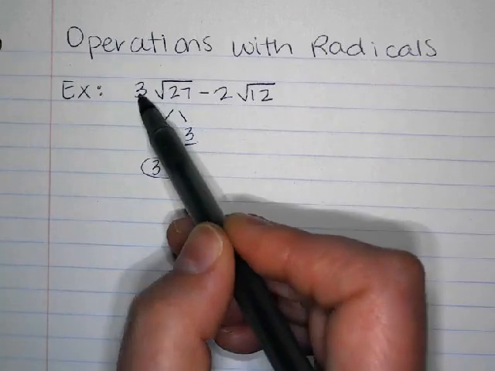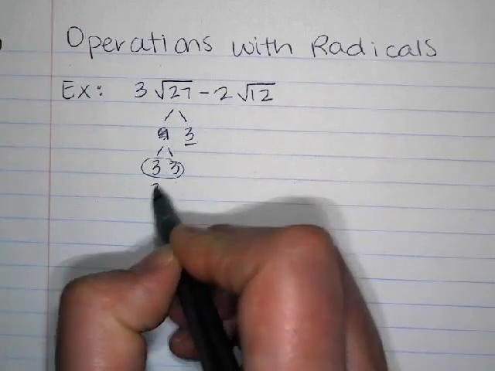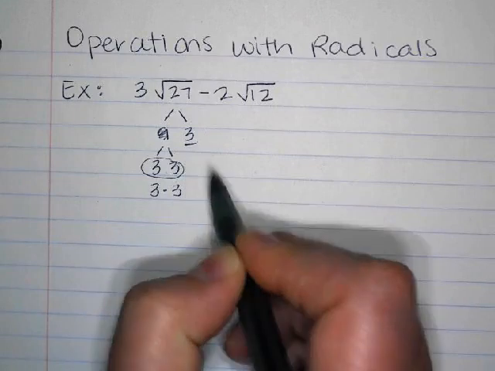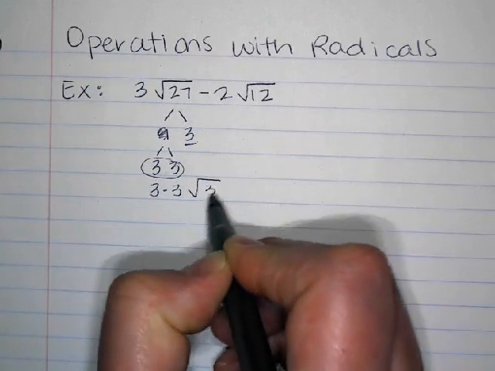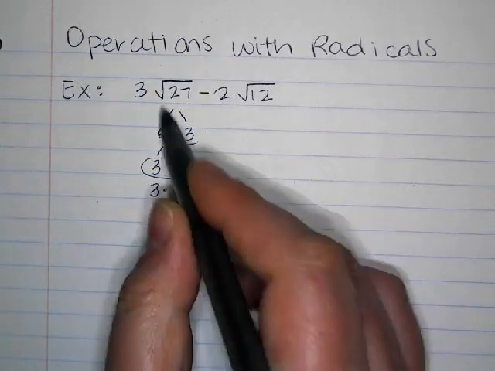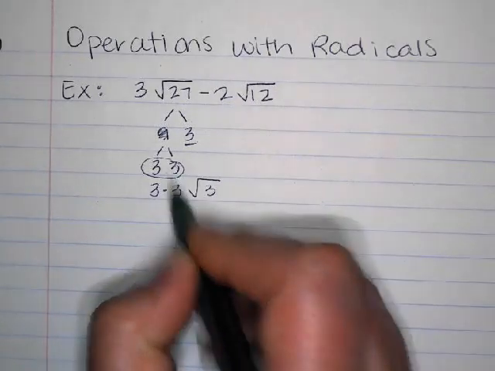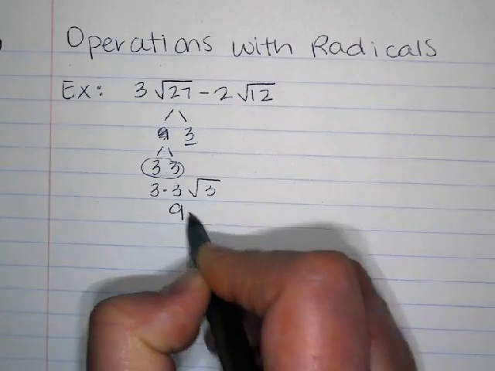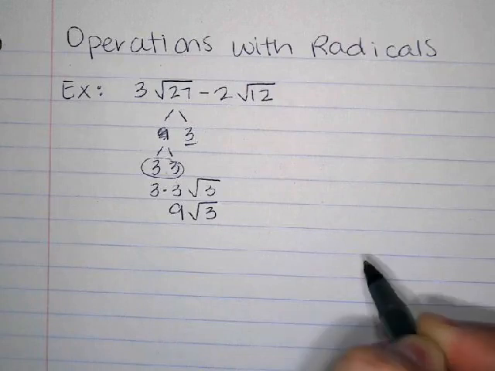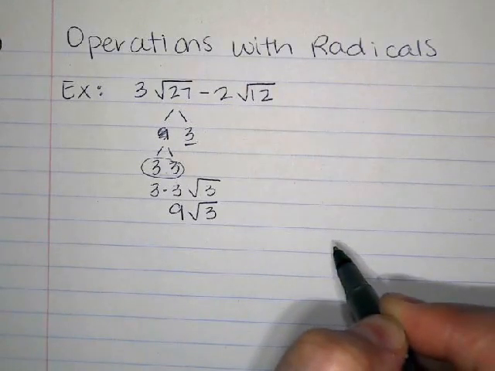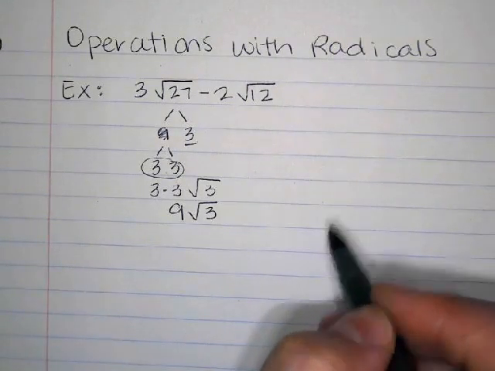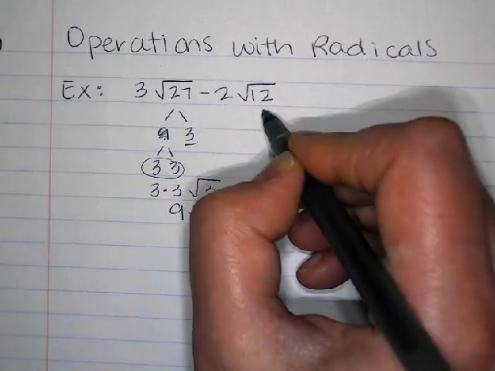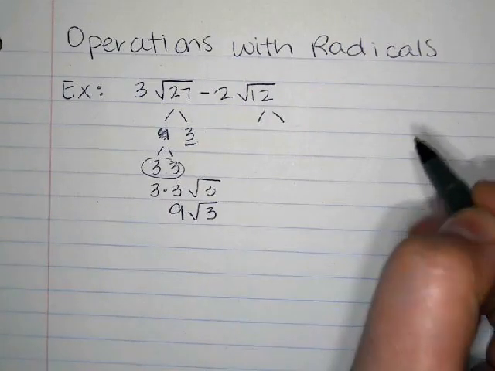Yeah, so I have the 3 in the front times the pair of 3's, and I have a leftover 3 that goes underneath. So my first term is just 9 square root 3. Did I keep everyone with that one? Didn't lose anyone?